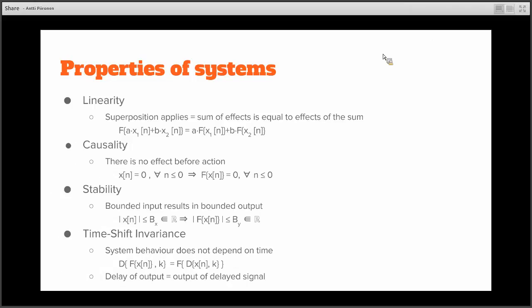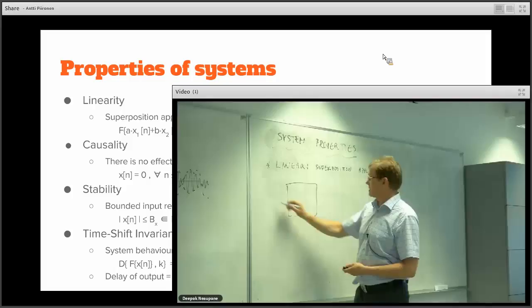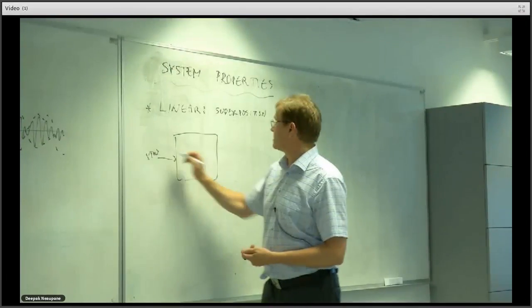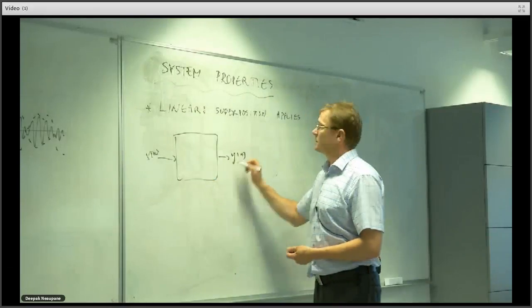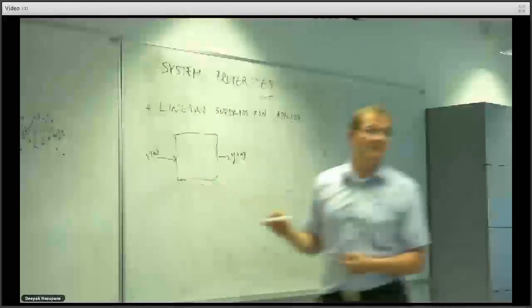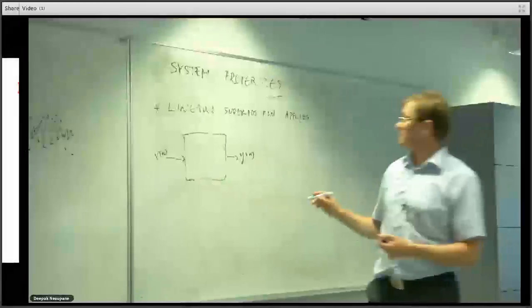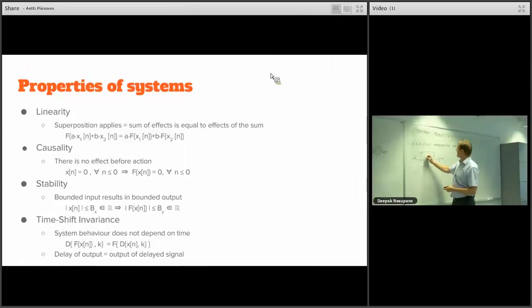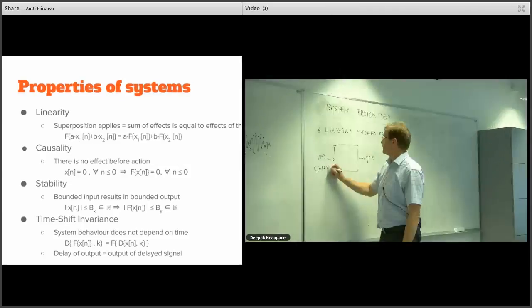Fundamentally, what does it actually mean? That if we have a system consisting of x of n, y of n, and this is a type of system that is linear, then you can actually run 2 signals here, x1 plus x2.